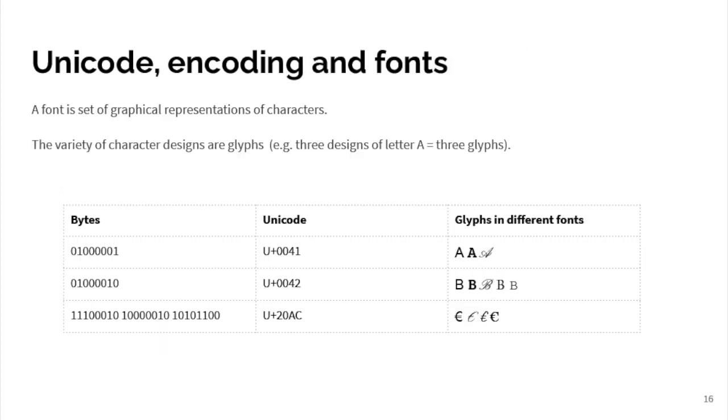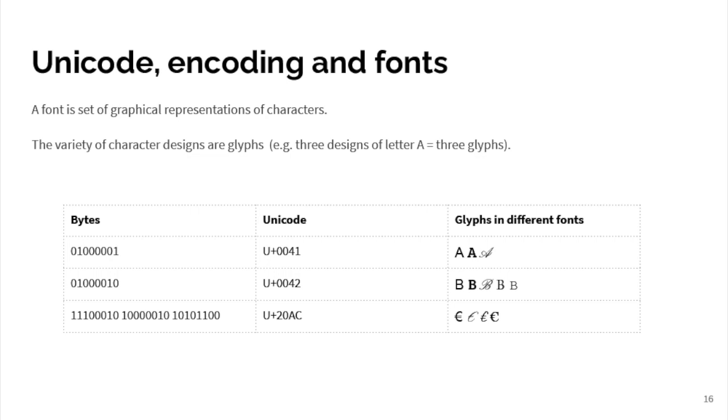Here we can see how Unicode represents bytes. And then this also shows the relationship of fonts to the Unicode. So a font is the graphical representation of a character. So the right-hand column, if we want the letter A, we can use the Unicode code point of 0041, which is a representation of the binary code in the left-hand column.